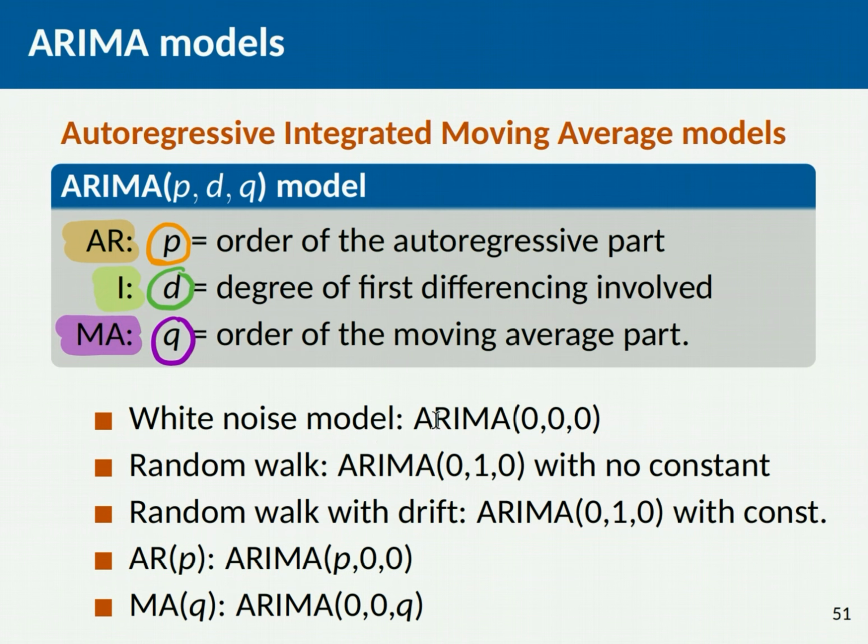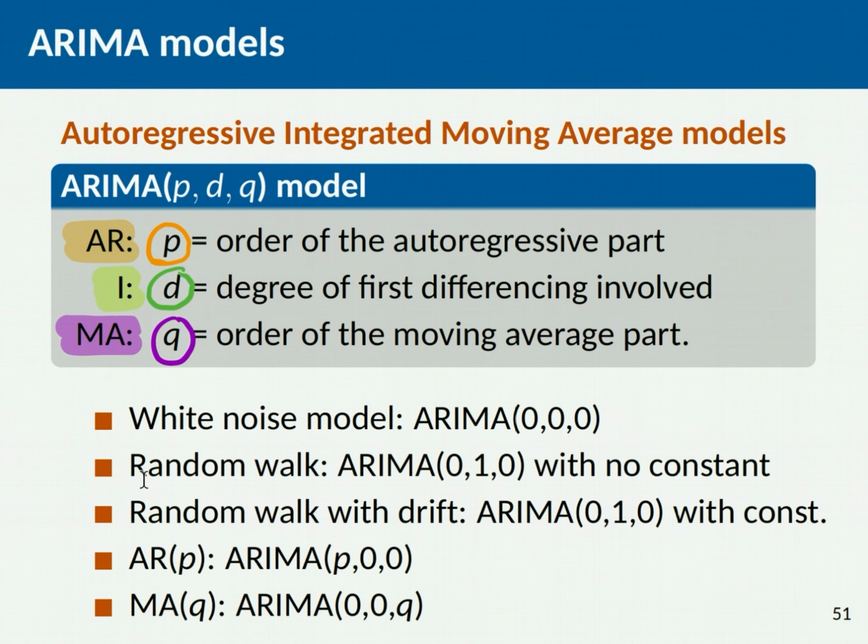If you have a white noise model, then of course you don't have any time dependence, or linear time dependence, in the data, and your ARIMA model can be represented as ARIMA(0,0,0). That says your AR component has 0 lags of y, your order of integration is 0, meaning the degree of differencing involved to make the time series stationary is 0, and finally there are no lags for the error in the model, so that's also 0. So a white noise model is ARIMA(0,0,0).